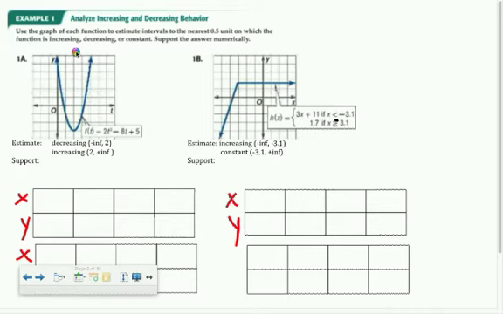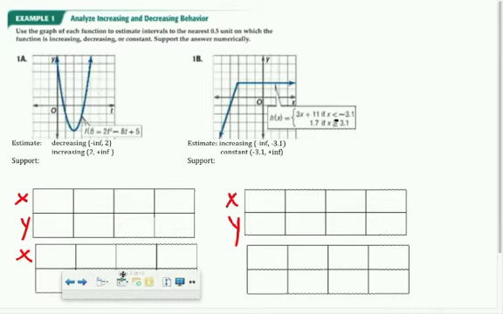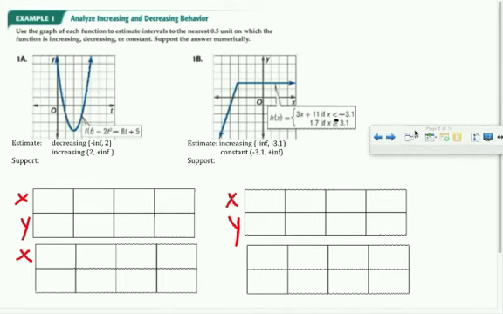And then I'm asked to support my conjecture. So what I want to look at is verify that from values going towards negative infinity up to 2, I am in fact decreasing in my function values. So approaching negative infinity, I might use x values of negative 10, and then getting closer to 2.